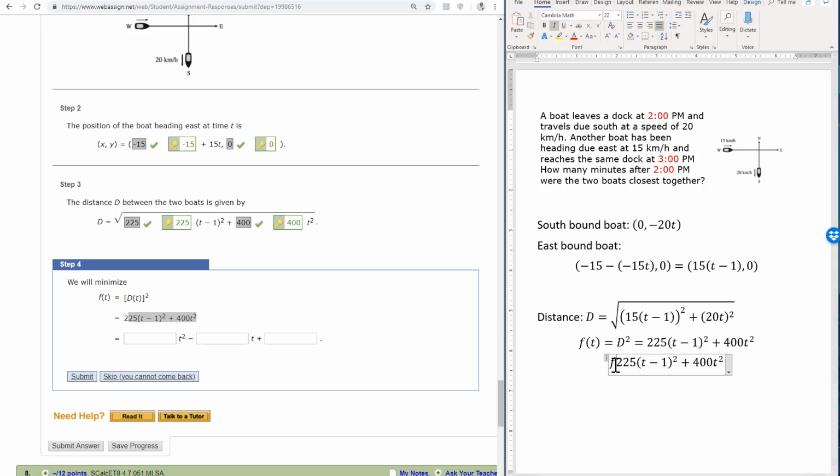So f of t is going to equal 225 times t squared minus 2t plus 1. This is t minus 1 FOILed out, and then we're going to distribute the 225 all throughout.